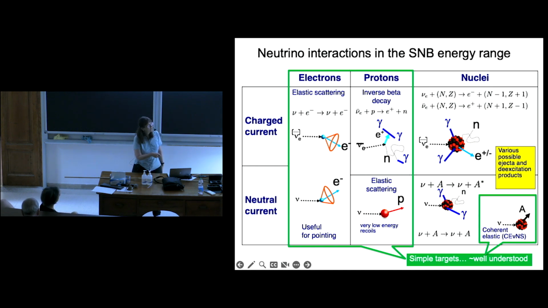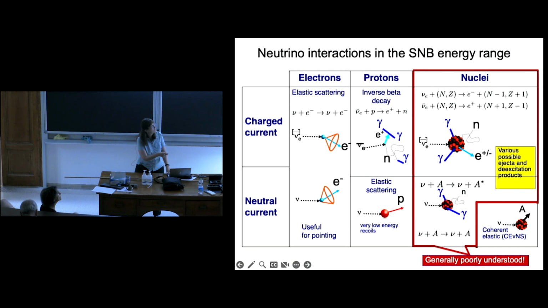And if you're an experimentalist, all you get is those de-excitation products, and what you have to do is try to figure out what is going on. And these cross sections for the inelastic charge and neutral current interactions of neutrinos on nuclei are not generally very well understood, either theoretically or experimentally.